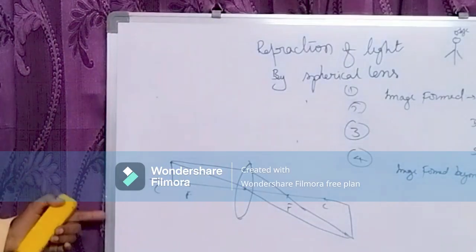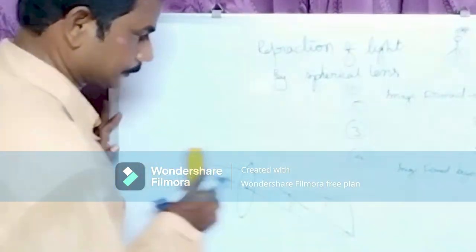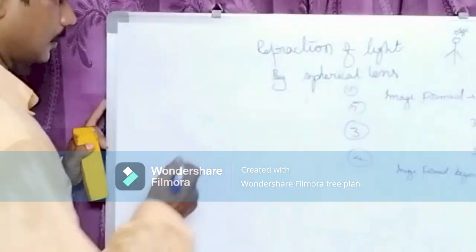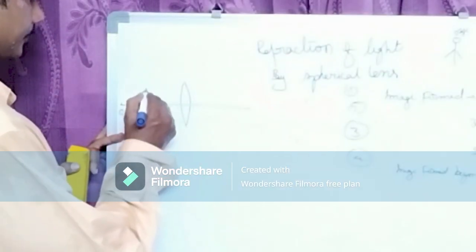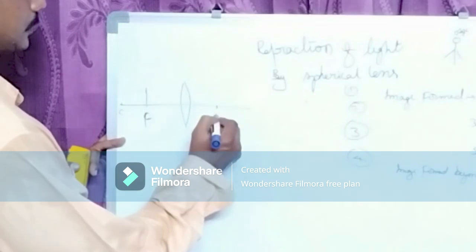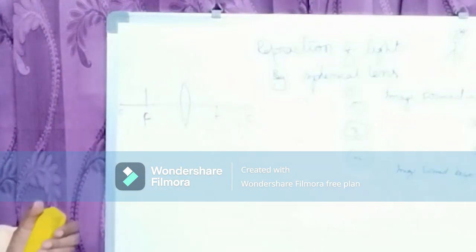We have one case remaining. Suppose the object is exactly at F. What happens?